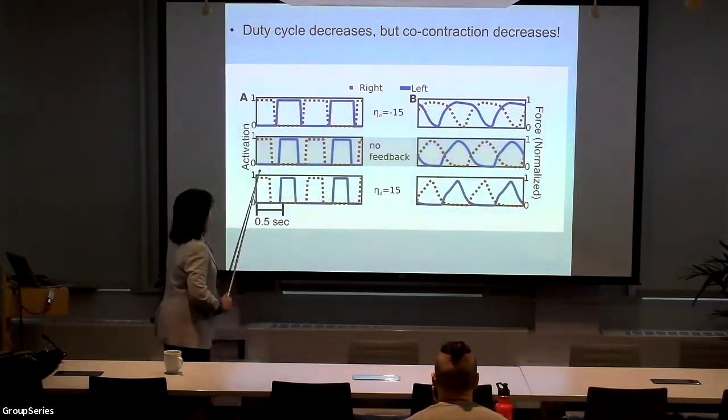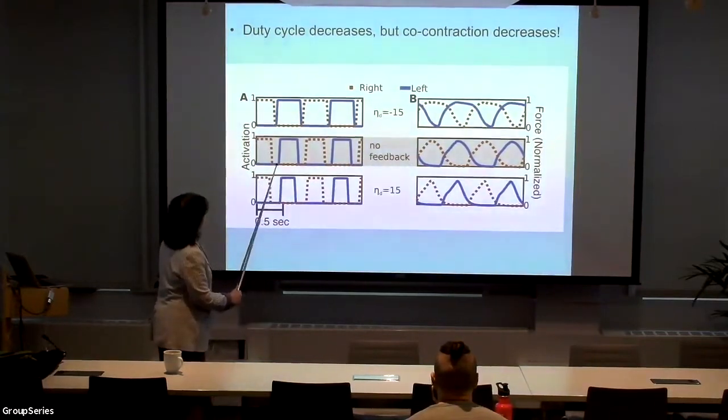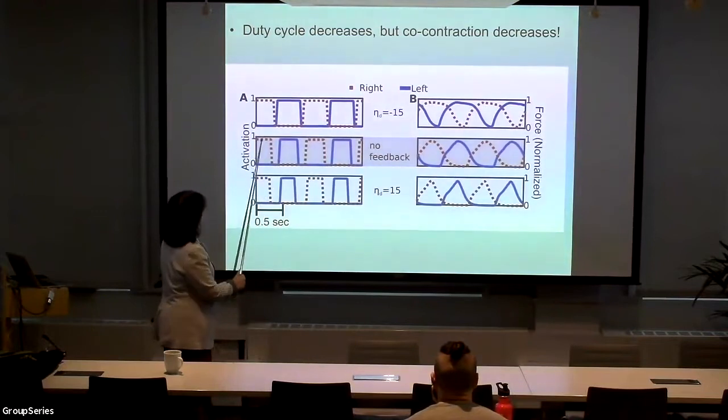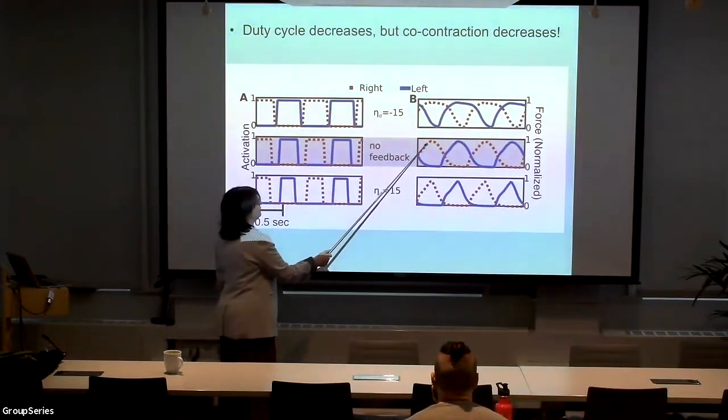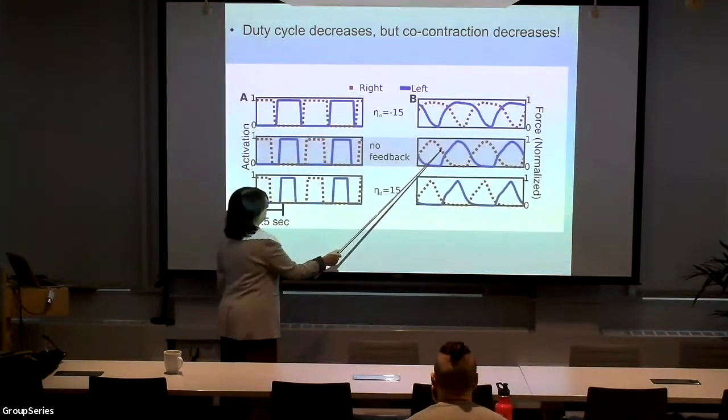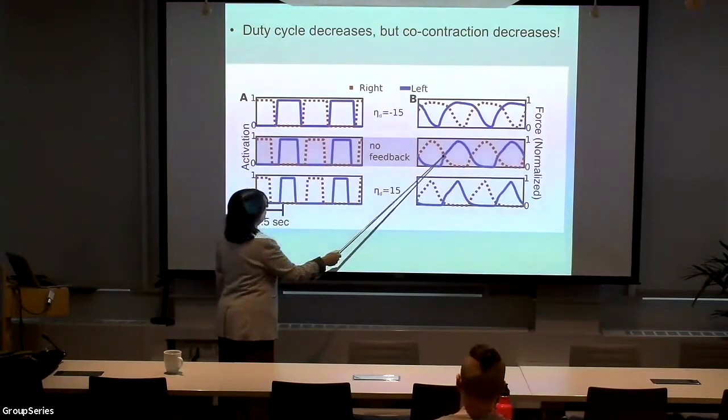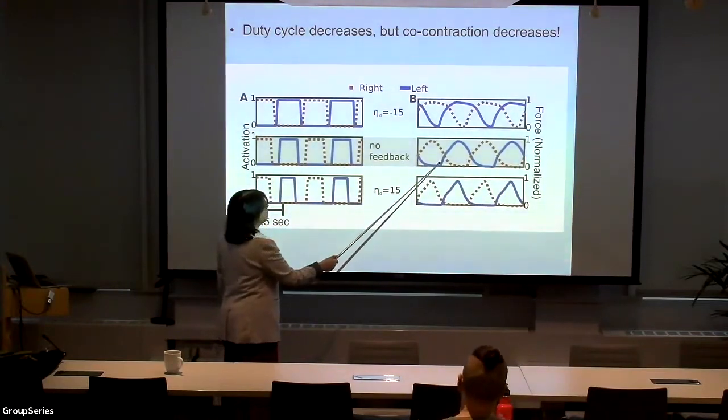When the blue signal is off, when the red signal is on, the force starts building up, and then it decays, but it is still on here. The red force is still positive, while the other side is now contracting.